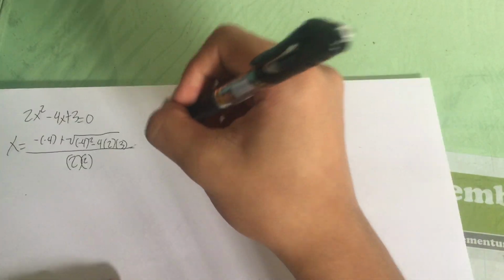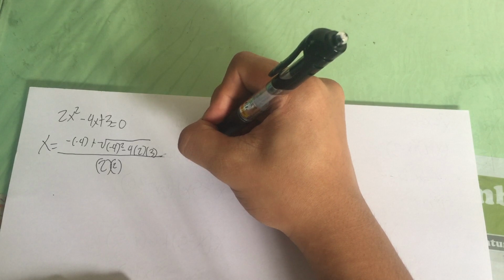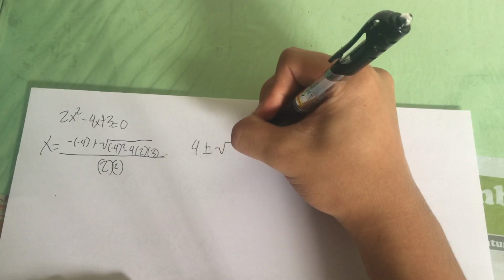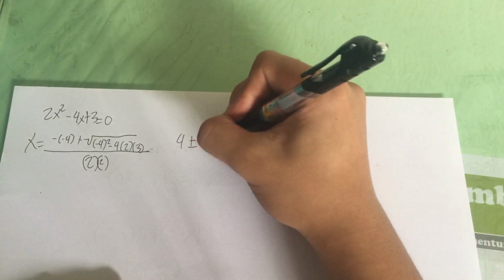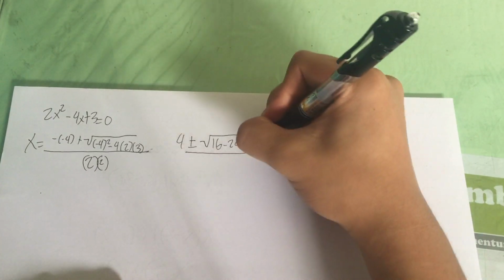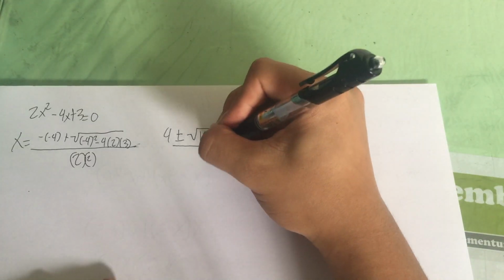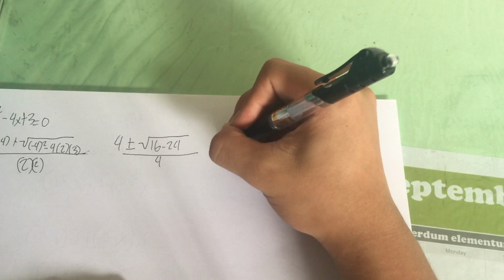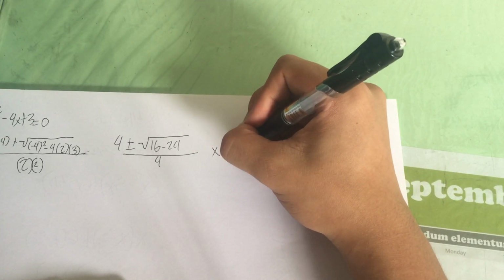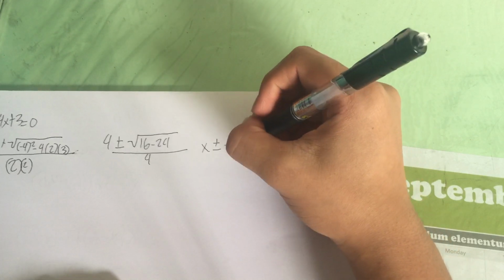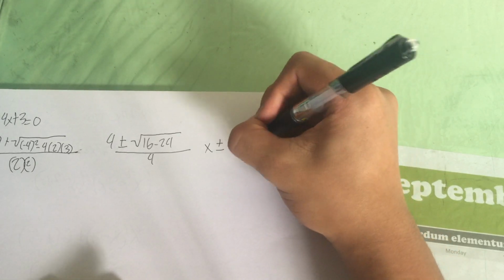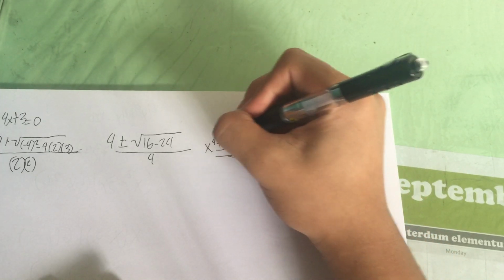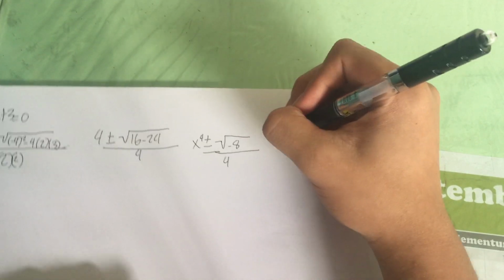Once you simplify it, your answer will be positive 4 plus or minus the square root of 16 minus 24 over 4. 16 minus 24 is negative 8, over 4.